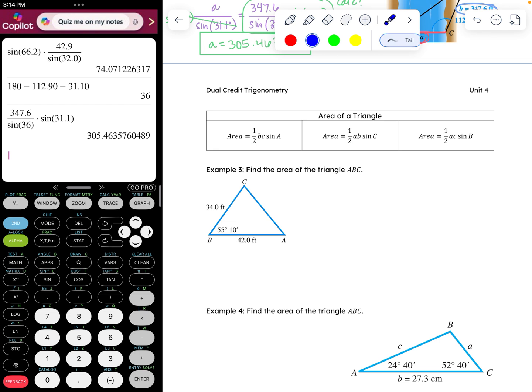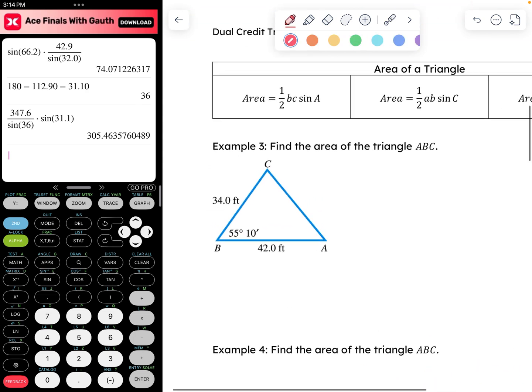So for these triangles, we are going to go through and find the area of the triangle using this formula. So it's 1/2 times a side length times another side length times the sine of whatever the other angle is that would be in between those 2 sides. So right here, I can label these sides to make it a little bit easier.